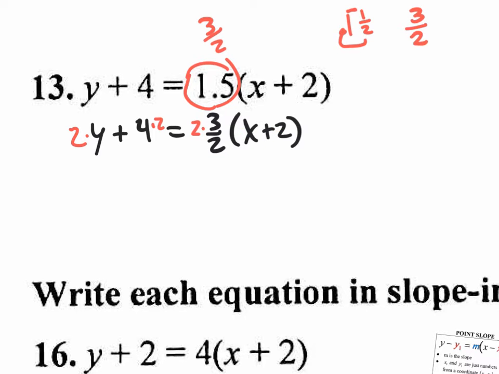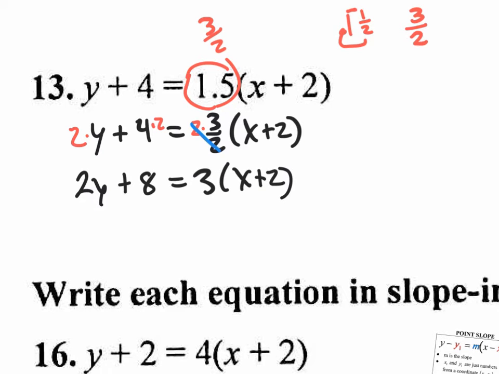Why not? Because whatever I do to this outside guy, it's like if I did it to the inside guys because of the distribution property that exists right there. So just put times 2 right here. Ultimately, it just cancels it out, and you have a new equation. Your new equation is 2y plus 8 equals 3 parentheses x plus 2.